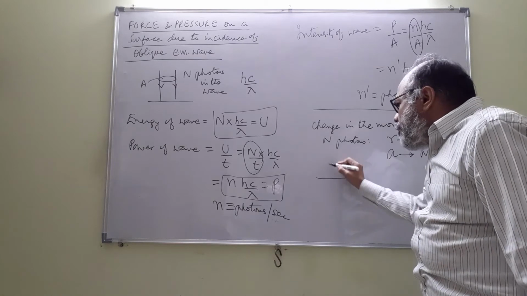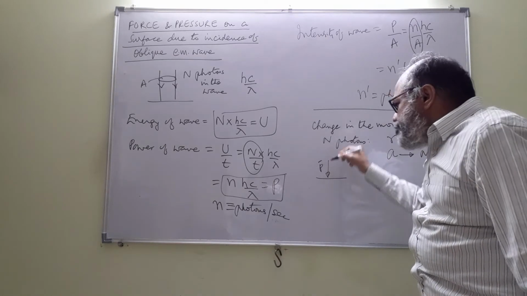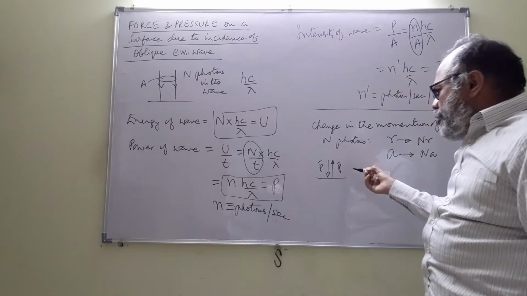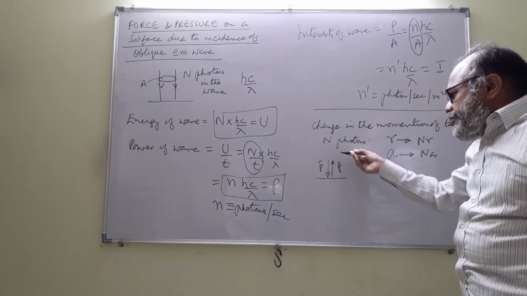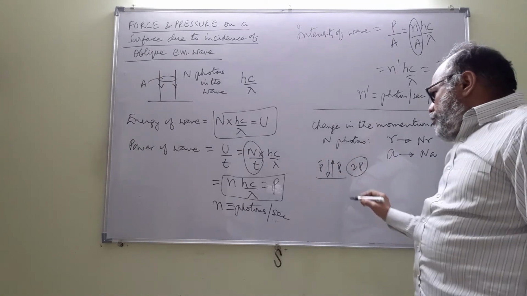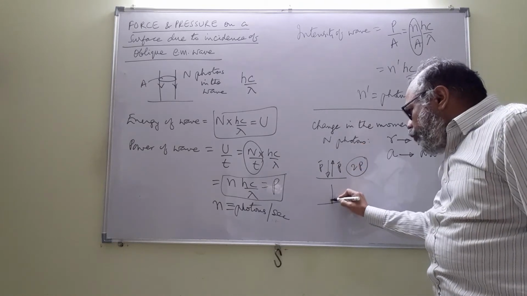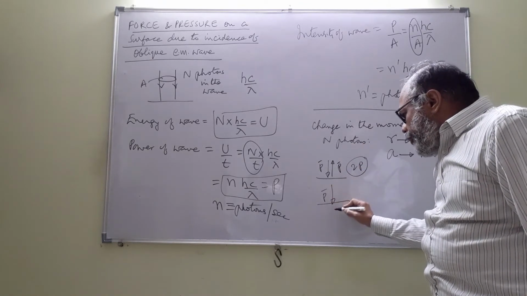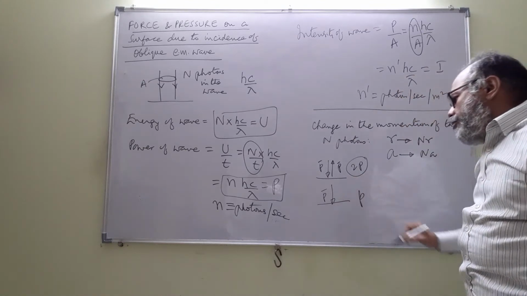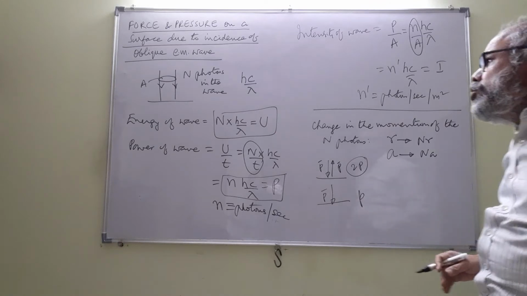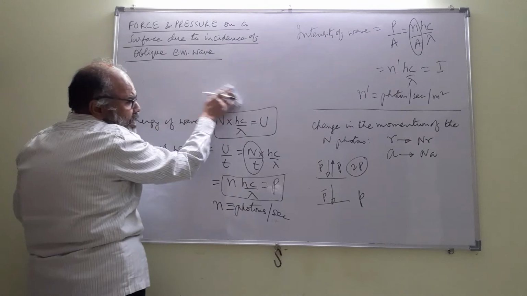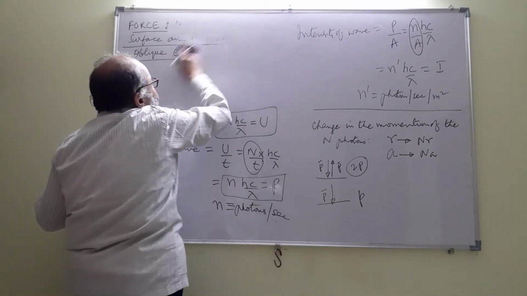If the momentum p is in this direction, for a reflected photon the momentum will reverse its direction and the change in momentum will be 2p. Whereas for a photon which is absorbed, the momentum becomes 0, so the change in momentum is only p. So how do we write the change in the momentum of n photons?